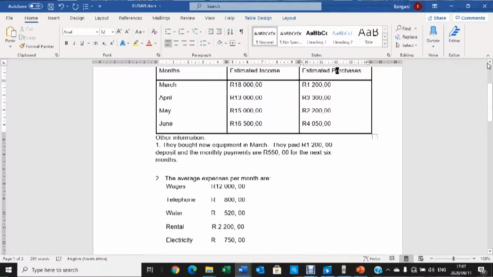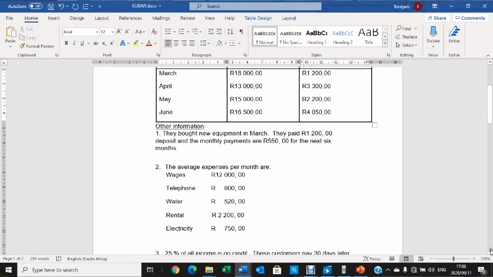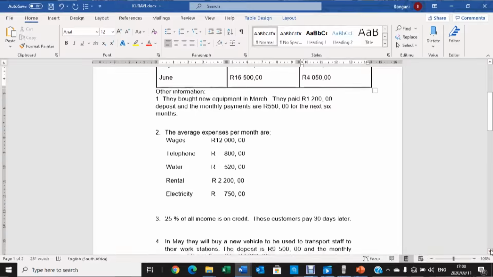But from that 16,500, we are only looking for the 75%. Then let's calculate this one. 16,500 multiplied by 75 divided by 100. And that is going to give us 12,375.